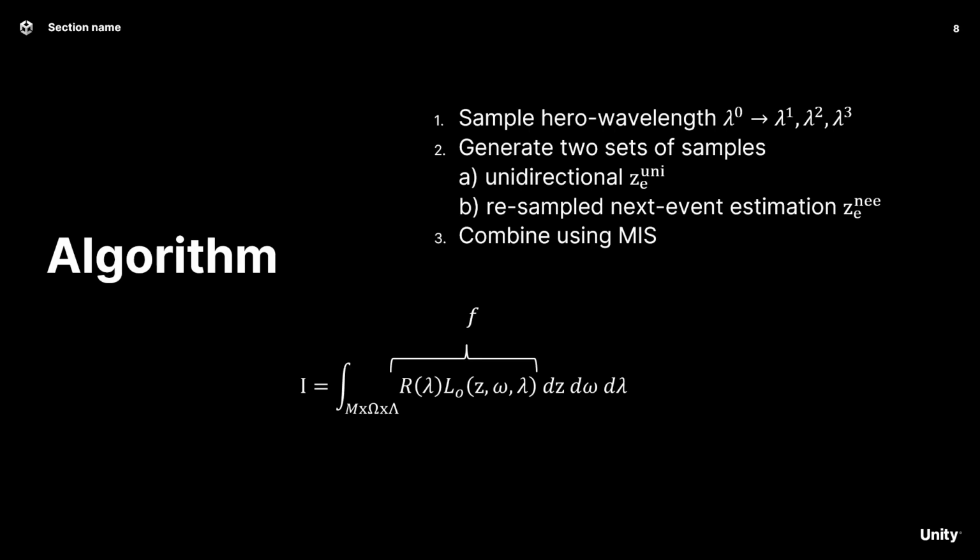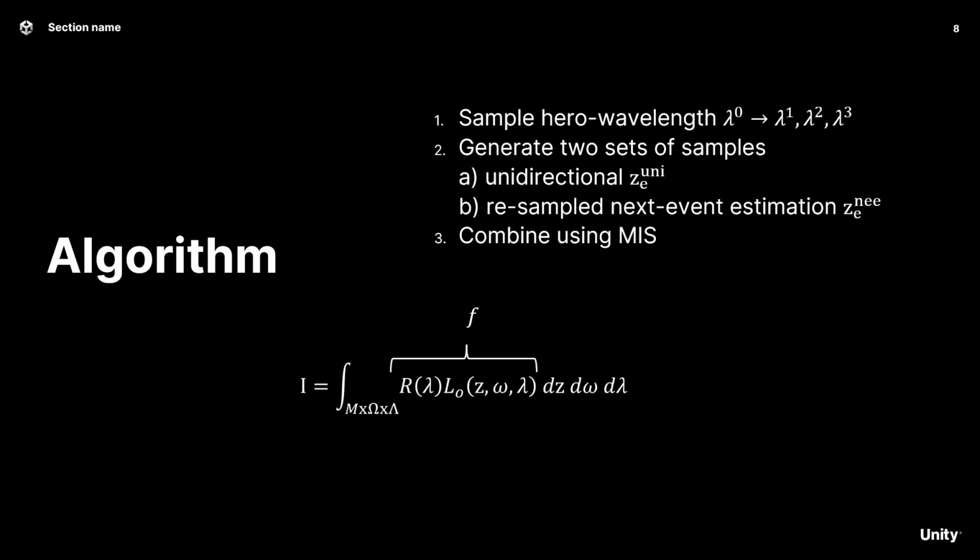What is missing in the previous equation is the fact that we also integrate over the spectral domain. That is, for each pixel, we want to evaluate this integral, which is the integral over the product of camera response R and the reflected radiance.